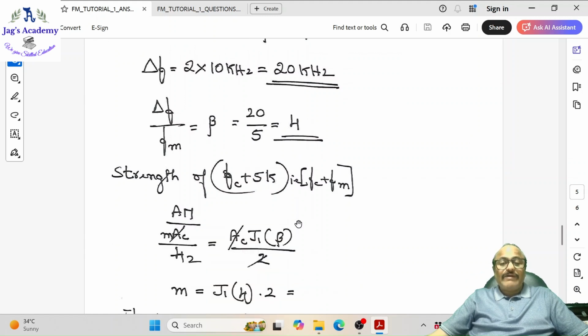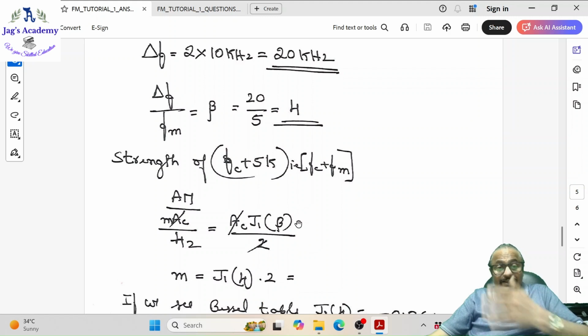If you want to calculate the modulation index of the AM wave, you have to find it from the spectrum. For Fc plus Fm, what you have is Ac by 2 J1 of beta. The strength you have is Ac into J1 of beta by 2. That is equal to m Ac by 4 corresponding to the AM wave. It is said that this particular frequency component is the same, so m Ac by 4 of the AM wave is equal to Ac J1 of beta by 2 of the narrowband FM spectrum.